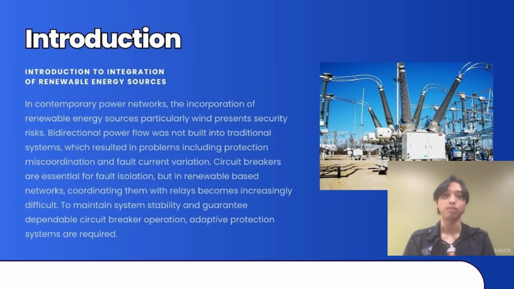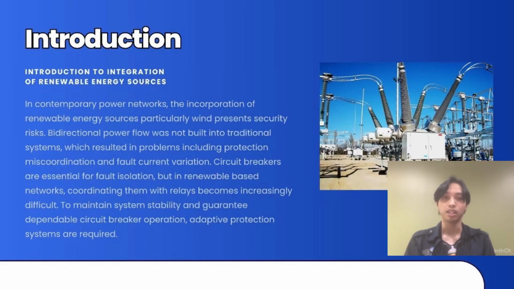For instance, relays may miscoordinate or fault currents may appear lower or behave differently. This undermines system reliability. Here, circuit breakers play a key role. They are designed to detect and isolate faults quickly. However, in renewable-based networks, coordinating them properly with protection relays is more complex.